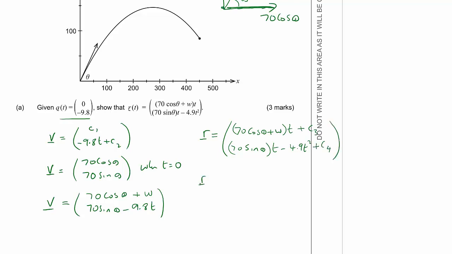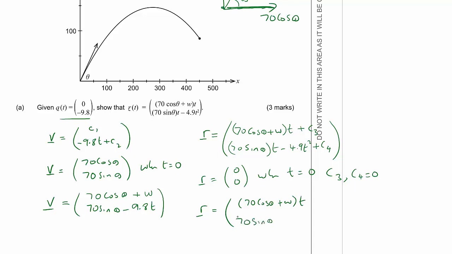But we know that r is equal to 0, 0 when t equals 0, and that tells us that C3 and C4 are equal to 0, and that gives us the r that we've got here, which is 70 cos theta plus wt and 70 sine theta t, take away 4.9 t squared.